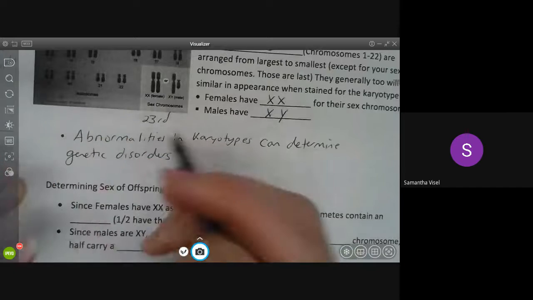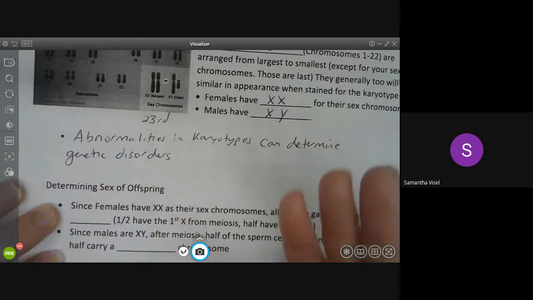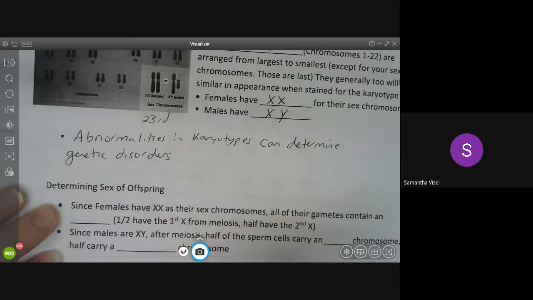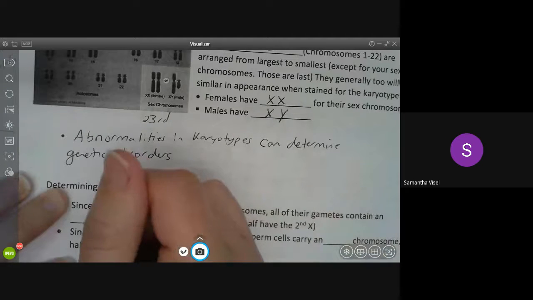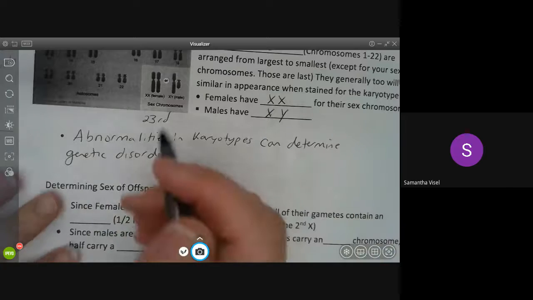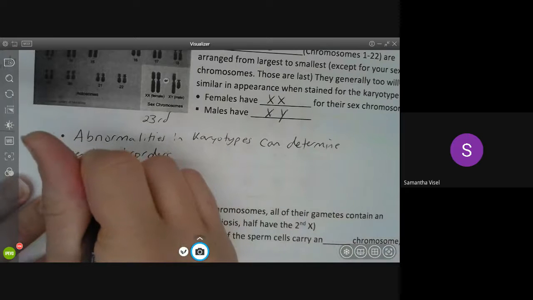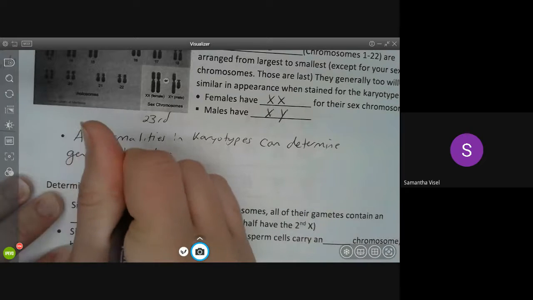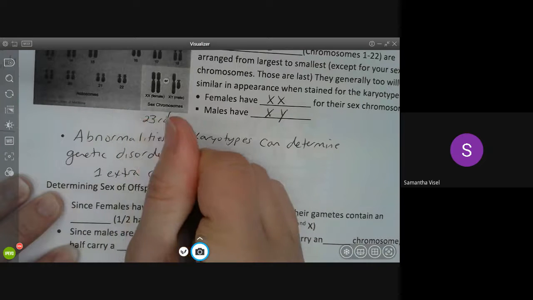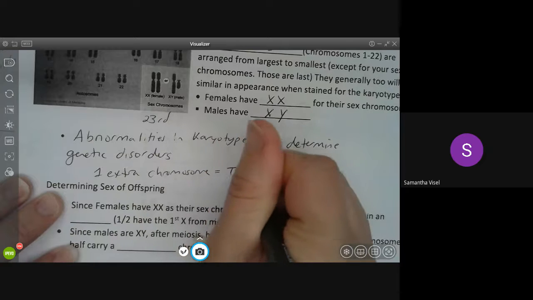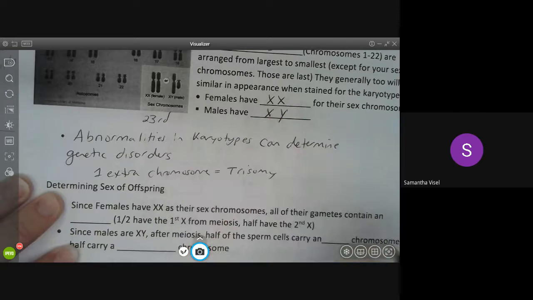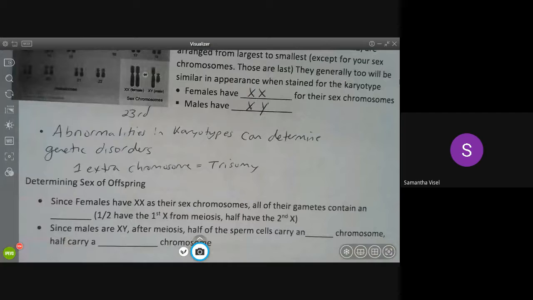And we've talked a little bit about this in meiosis, so non-disjunction, so those chromosomes don't separate correctly. And so because of this, you could have one extra or one less. So we call one extra chromosome a trisomy. And so it'll be named by the extra pair.